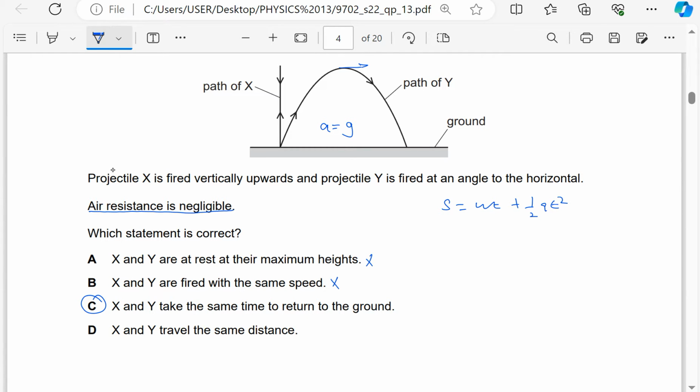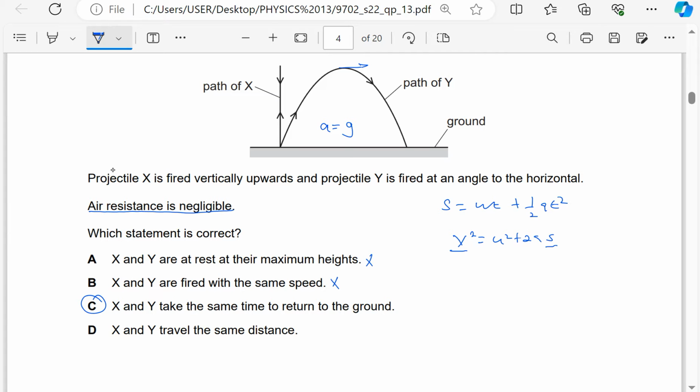If I use s equals ut plus a half at squared, and I consider vertical motion at the highest point for both, or maybe let me use v squared is equal to u squared plus 2as. Of course, at the highest point for both, velocity is 0 in the vertical, and they have covered the same vertical distance.